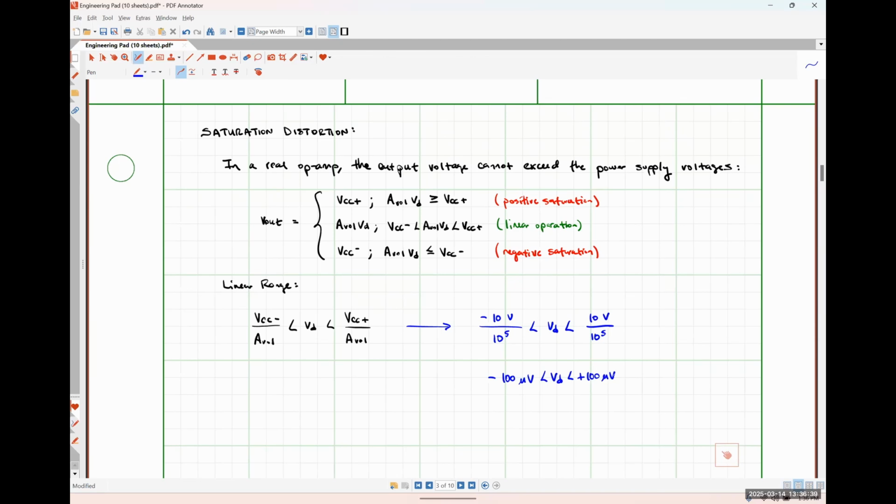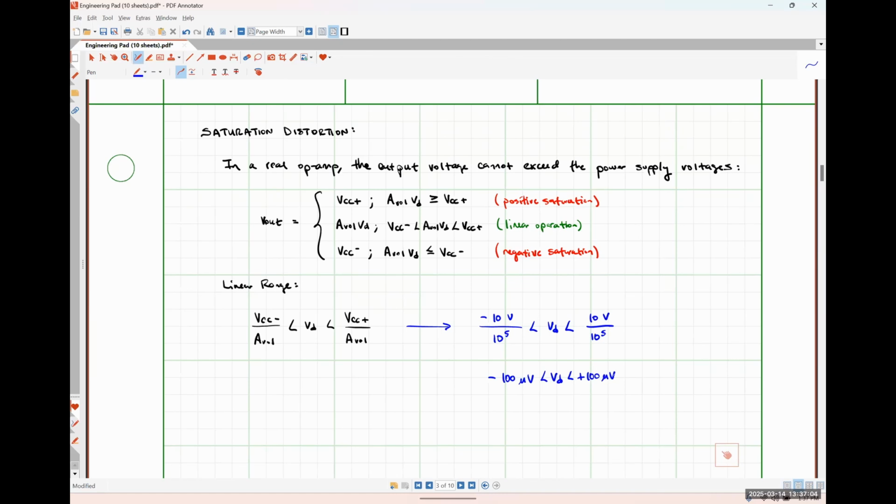So the 100,000 volts per volt is actually an average value over an entire production run. You might see some with open loop voltage gains as low as 20,000 volts per volt and some as high as 2 million volts per volt for the same exact amplifier, just depending on how that fabrication process went.